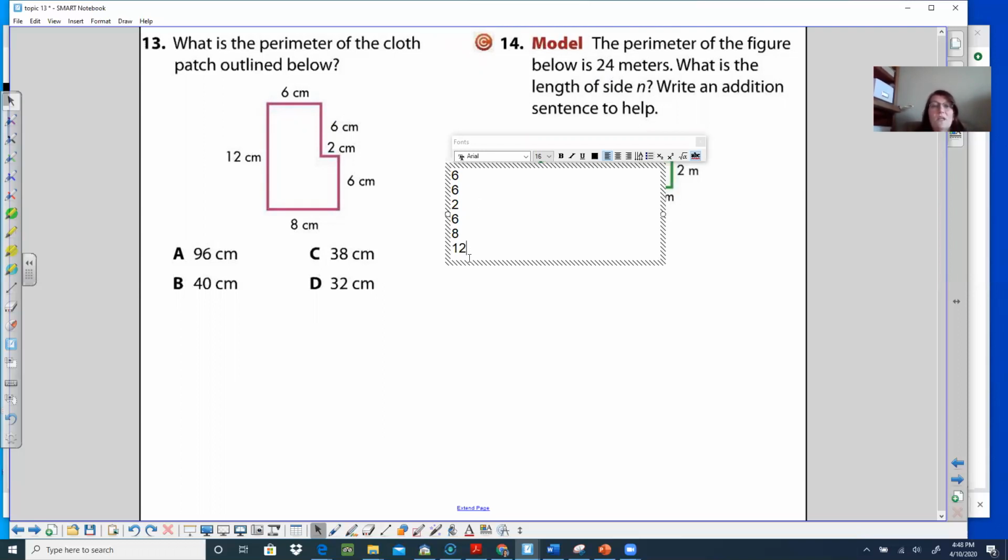Now I have to make sure that my ones place is all lined up. If I don't line these up correctly, there is no way for me to come up with the right answer. So please keep that in mind as you are lining up your addends. You line them up wrong, you're going to get the wrong answer.